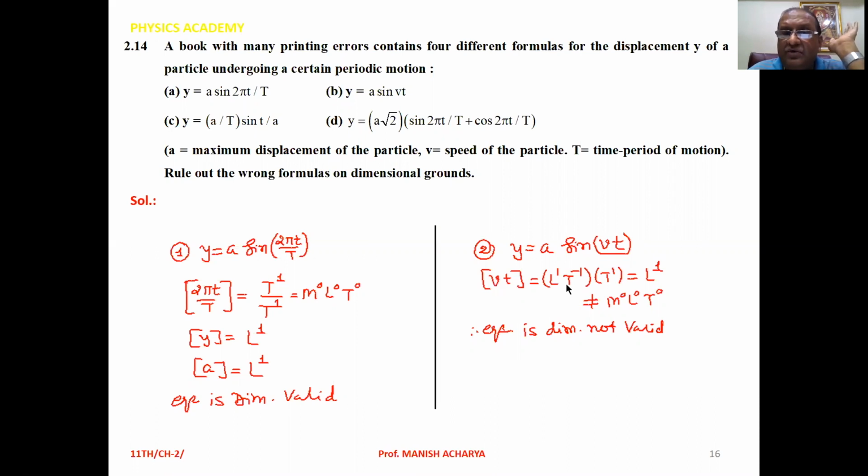Dimensions of v into t: v is velocity, so L^1 T^-1, into time T^1. So finally you are getting the dimension L^1. So it is not equal to M^0 L^0 T^0. It implies that we can directly say the equation is dimensionally not valid. No need to check the further thing. Clear to all of you?